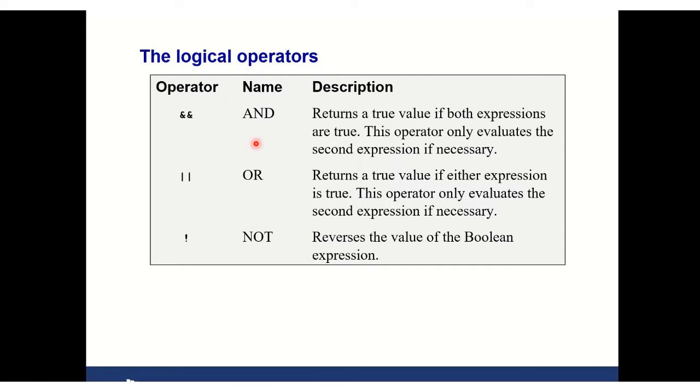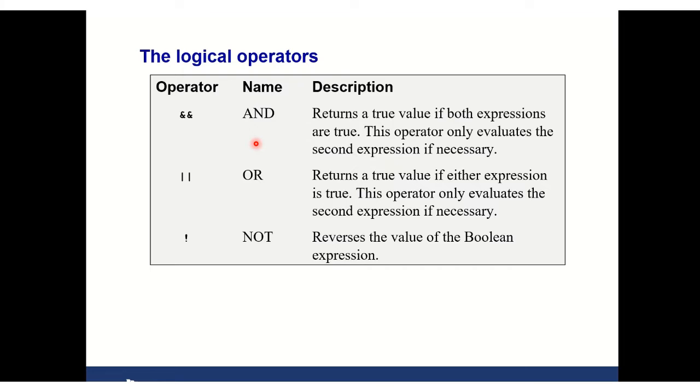So these two conditions are joined by the AND operator. It will return true if both expressions are true. So if the student's score is 86, then it is greater than or equal to 85, and at the same time it is less than 90.